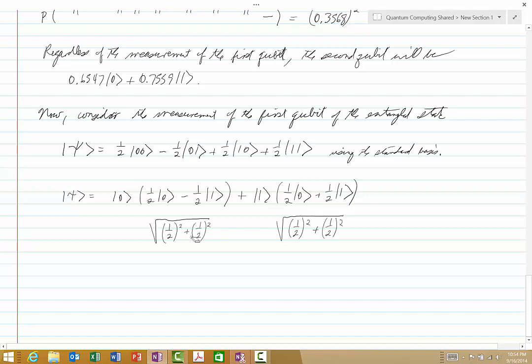And for this first term, just to make it perfectly clear, of course it turns out to be the same, but I'll say plus minus 1/2 squared.